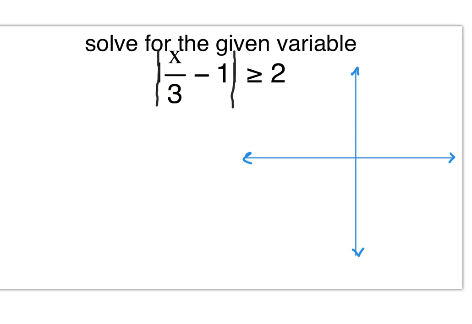When solving for inequalities, especially when there's absolute value, I'm thinking, what makes this greater than 2? So here's the process. If I'm going to drop the absolute value, the other half of the equation goes on the left side.